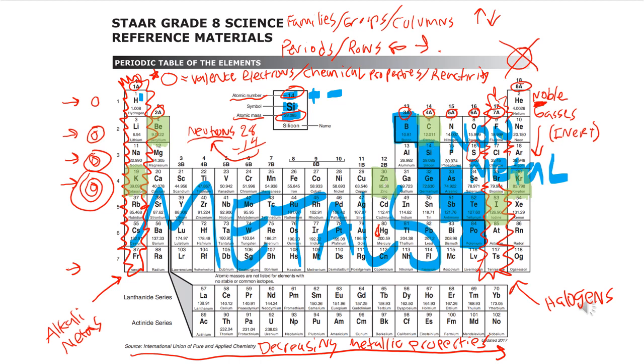Let's try another question. Which of the elements that I highlighted, that I selected, has the greatest reactivity for a nonmetal? Well, the first thing you're going to want to do is eliminate the metals because those are not nonmetals, they're metals. So get rid of zinc, get rid of beryllium, get rid of potassium.